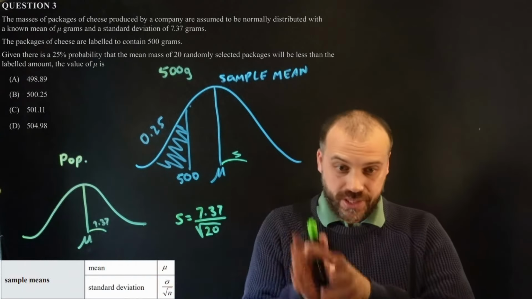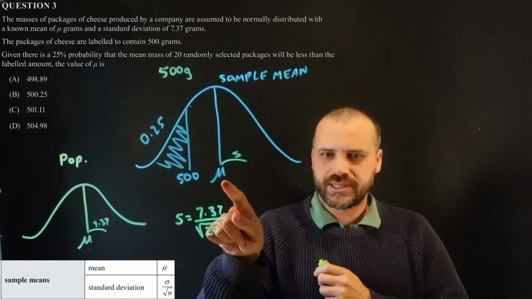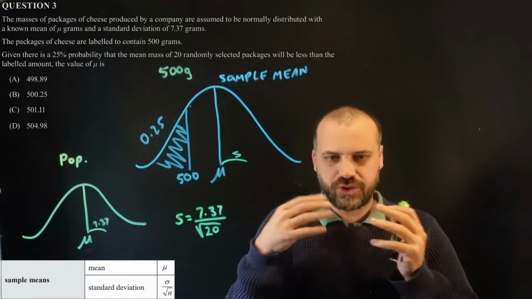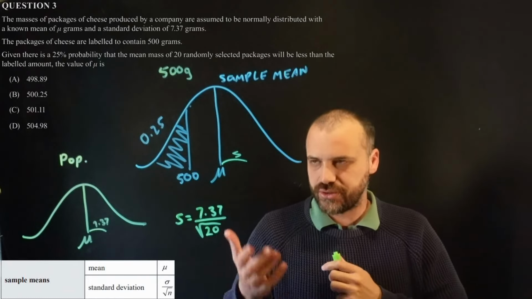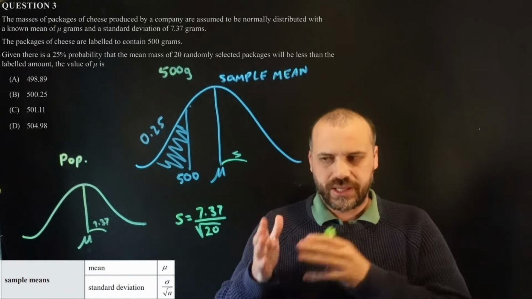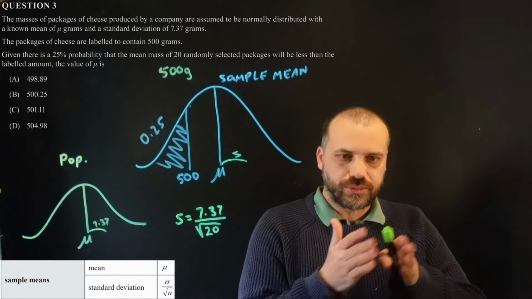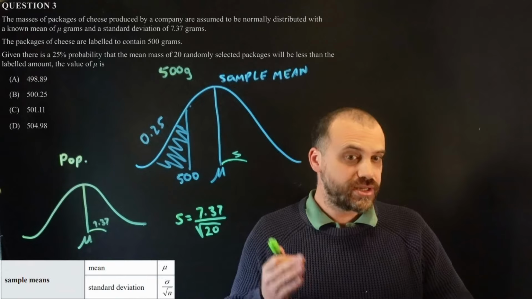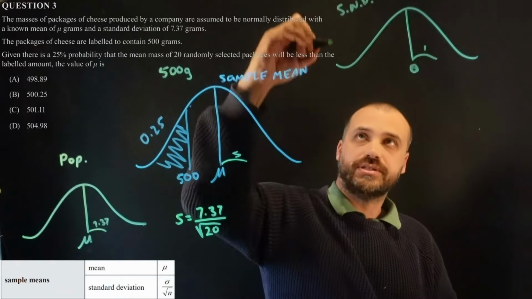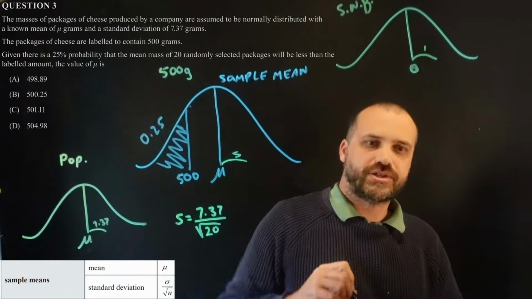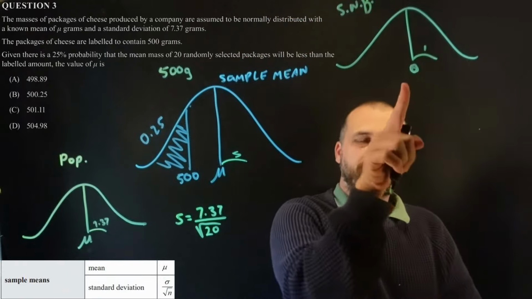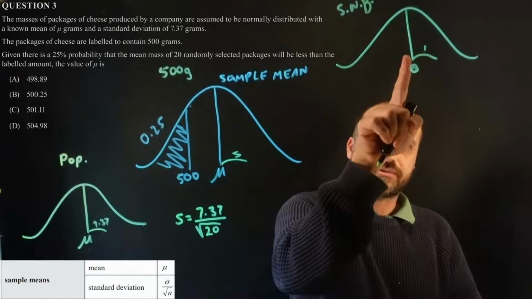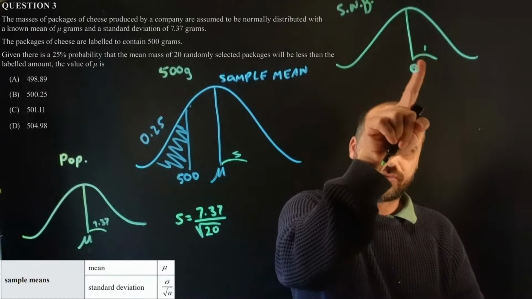Now, we're going to draw another picture because when it comes to these unknown means, when you don't know the mean and you'd like to know the mean, often we need to go to a standard normal distribution. So let's draw a standard normal distribution. It has a mean of 0 and a standard deviation of 1.